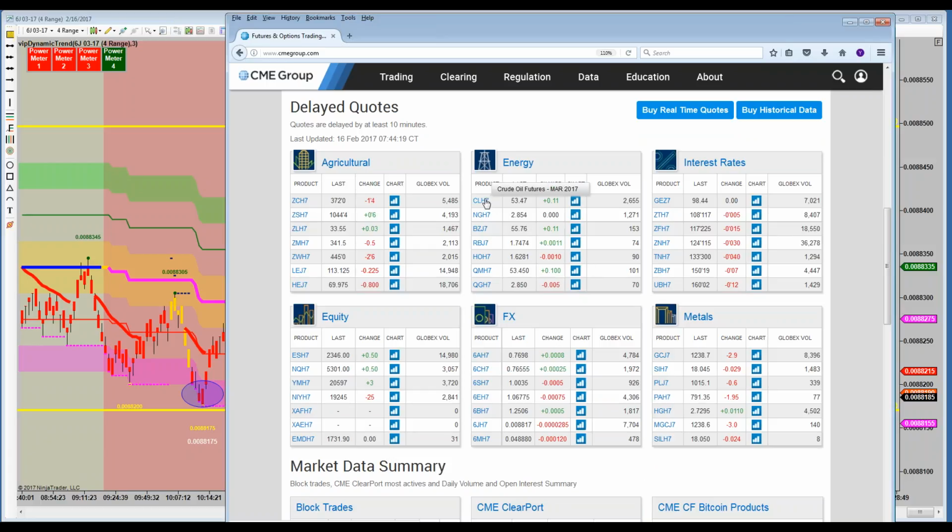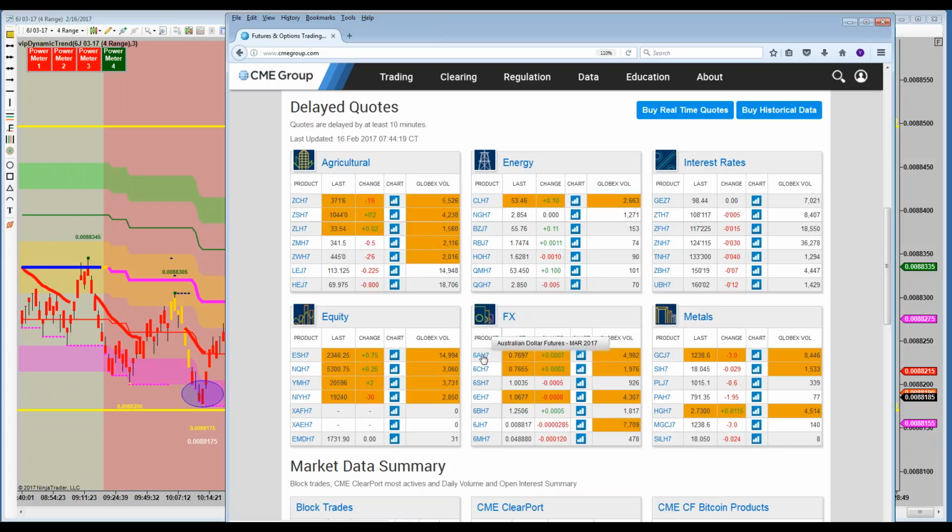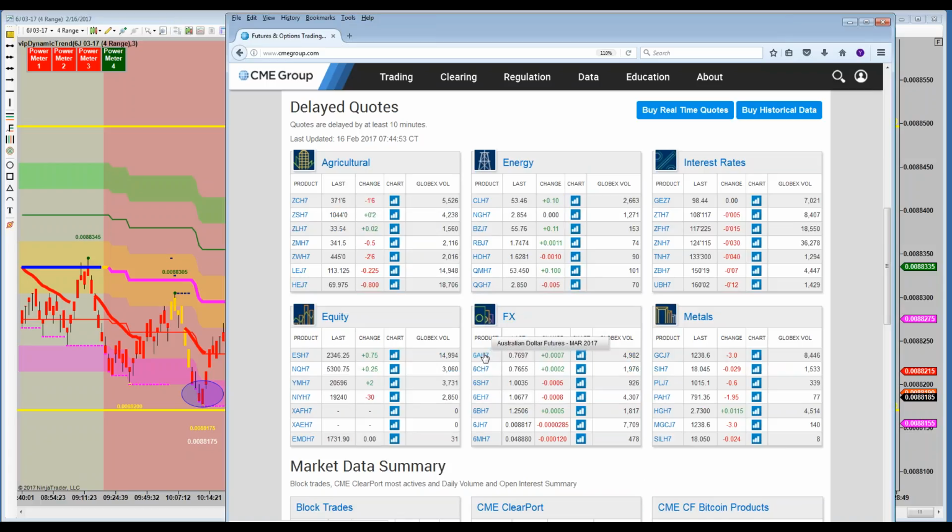So what's the front month on crude? March. Right. Here's nat gas. March. Here is the futures for the currencies. Here's the Aussie, Canadian, you see them all. Okay, there's the Euro. They're all March, right? Here's the equities over here. I'm not going to go through all of them. You see them all, right?